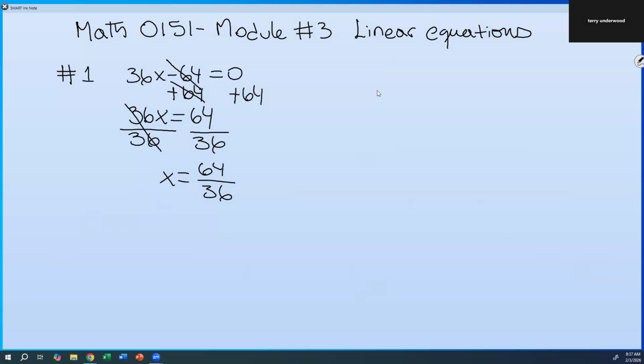I can divide both by 4 because 4 is the greatest common factor of both, and can divide both evenly. So if I divide 64 by 4, it will be 16, and I divide 36 by 4, it is 9. Then my final answer is that x is equal to 16 over 9.